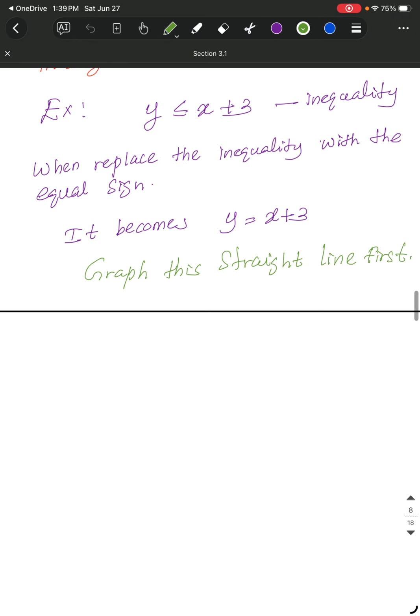Okay, next. What should be the next step? Should this line be solid or dashed?